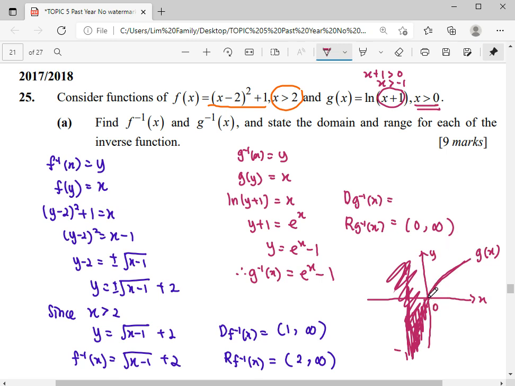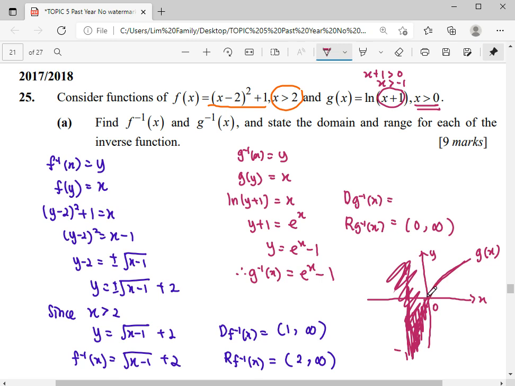So domain 0 to infinity, because domain of g(x) is talking about x, which is same to range of inverse. Then when you want to find the domain of g inverse, I am going to find the range for this g. Look at the y.